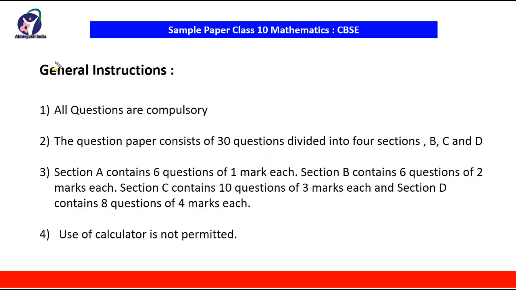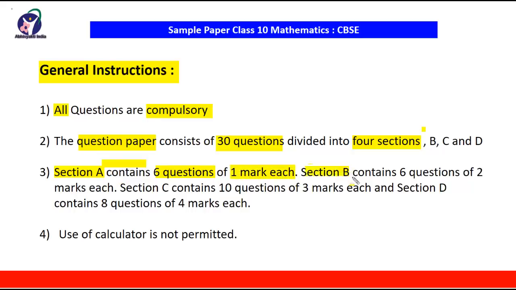Friends, let us see the general instructions. Here all questions are compulsory and the question paper consists of 30 questions and it is divided into 4 sections: A, B, C and D. Section A contains 6 questions and each will carry 1 mark.